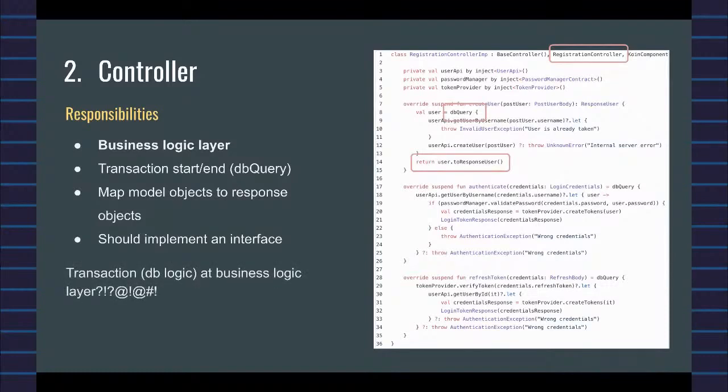And you might be thinking, transaction database logic at the business logic layer? Yeah, it's a bit weird. I've been thinking about this, but after thinking about it for a while, Ktor's way of working with throwing exceptions being caught by status pages makes handling transactions at this level seem convenient. If you want to roll back some operations, or control which operations to roll back and which should stay, then I think this is going to be defined by your business logic.